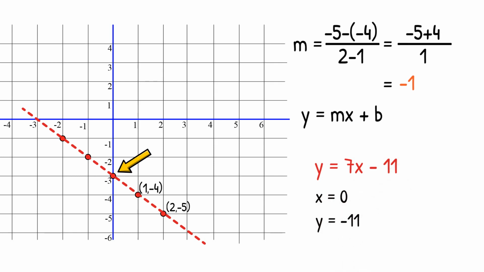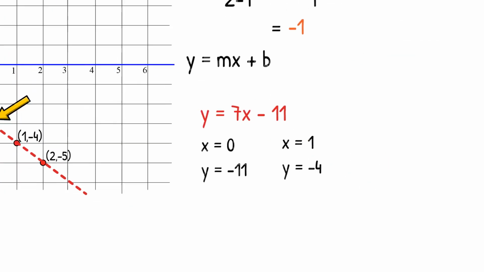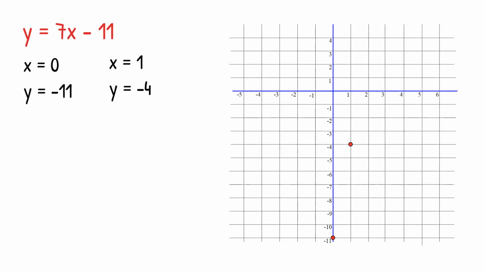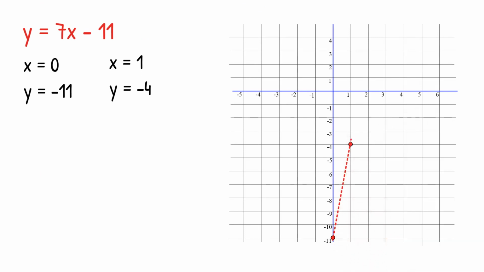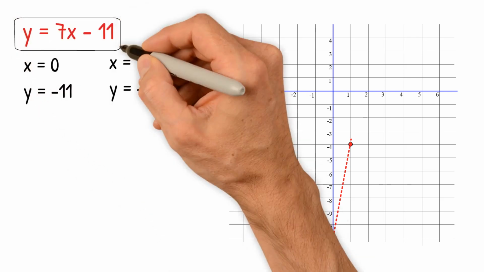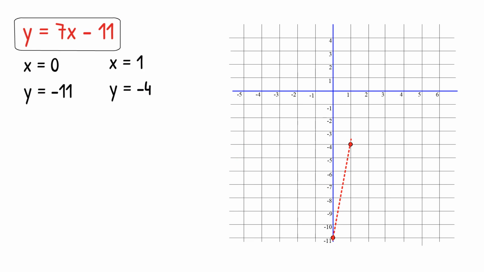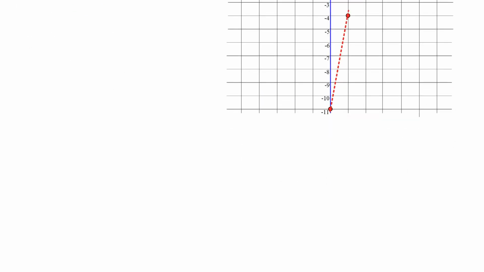And when x is 1, y would have to be negative 4, because it would be 7 times 1 minus 11. Therefore, we get 2 points on the line, 0, negative 11, and 1, negative 4. Plot these points on the graph and then connect them with a straight line. This will be the line that represents the equation y equals 7x minus 11.